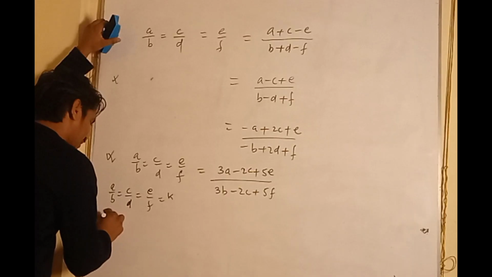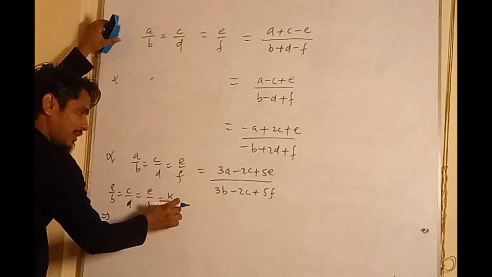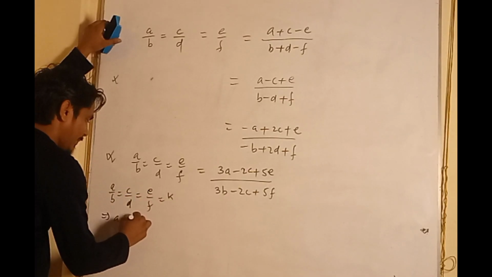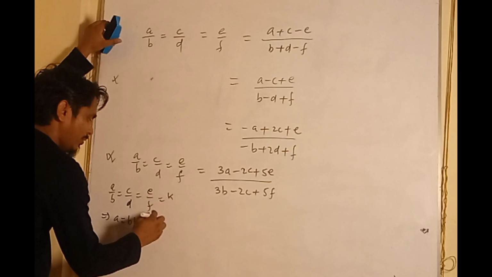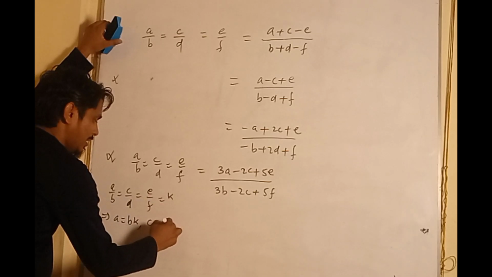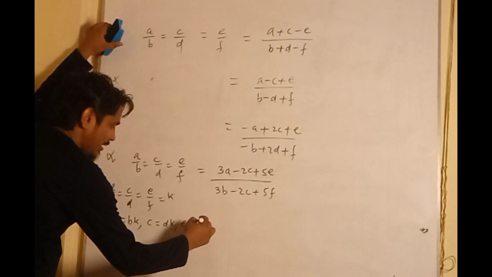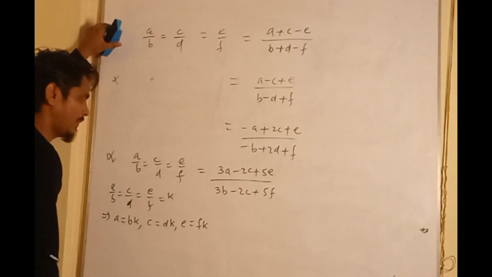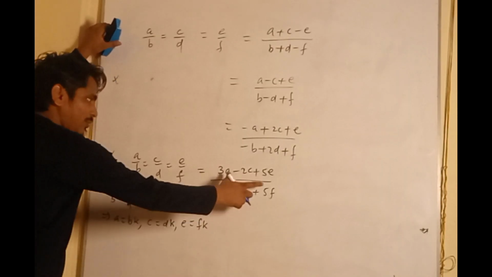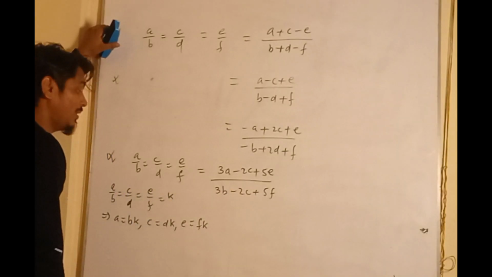Then by equating a by b with k, we get a equal to bk. c by d equal to k means c equals dk. e by f equal to k means e equals fk. Now we need to evaluate the value of this, and it should come equal to k.